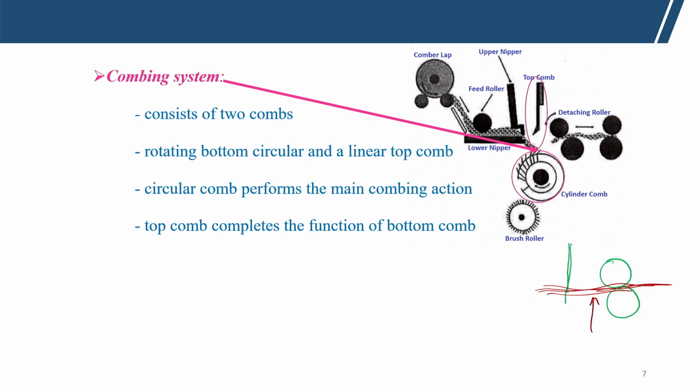This leading part is combed by the cylinder comb. Now, the trailing part of the fringe is being combed by the top comb during the forward movement of the fibers, when fibers are actually pulled by the detaching roller.